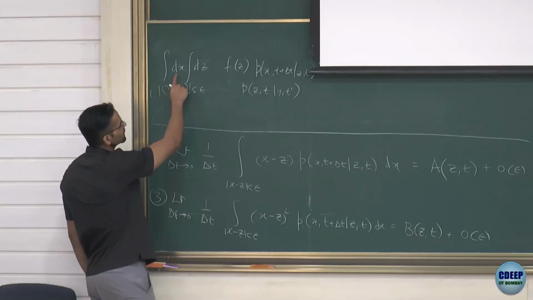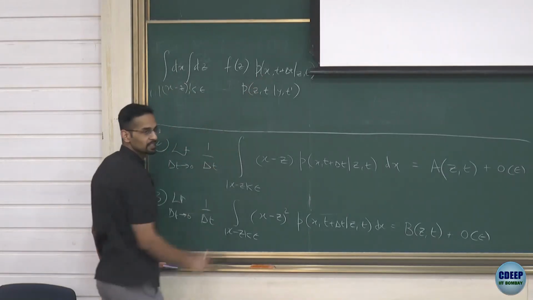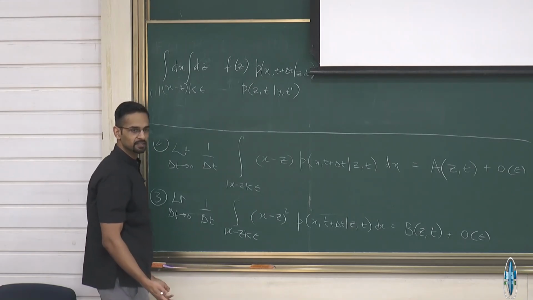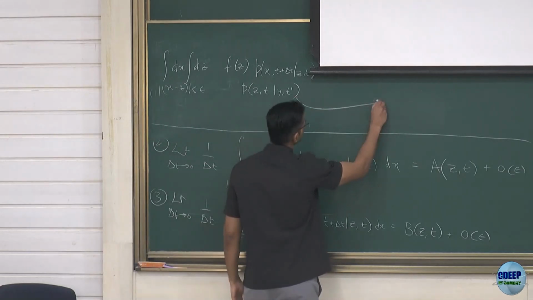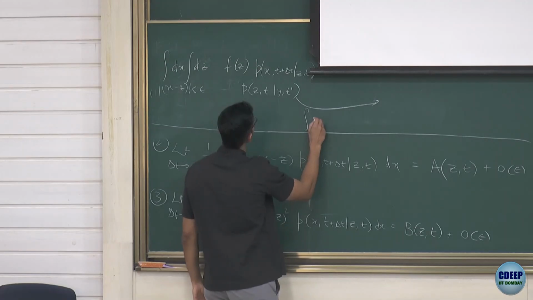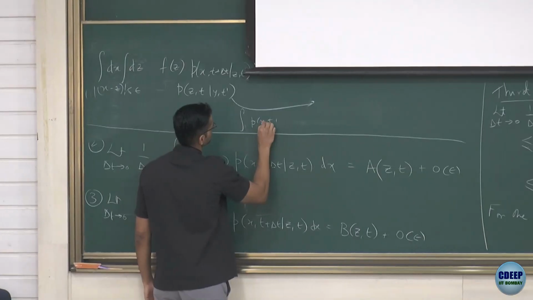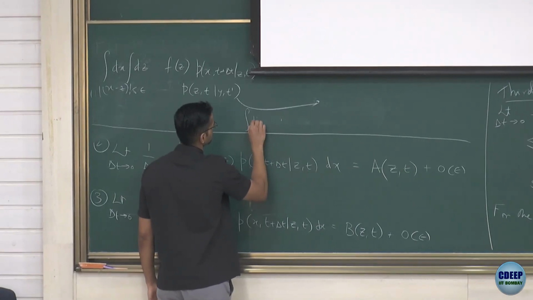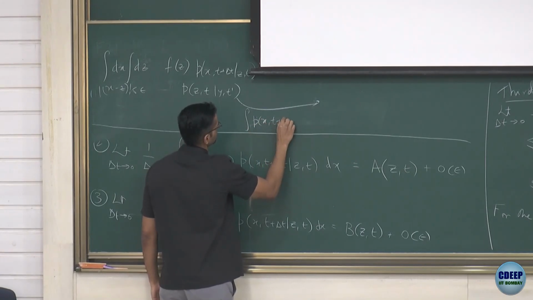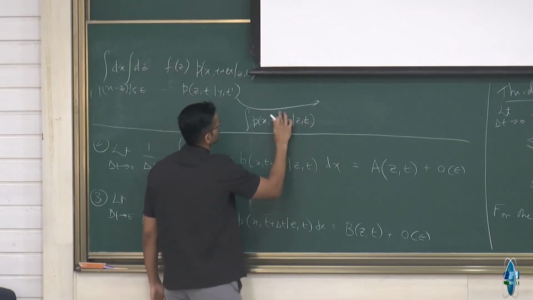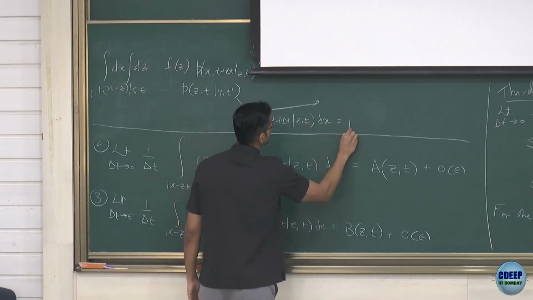So you can read this as the integral over x of the transition probability where I integrate over all x, and that is just 1.